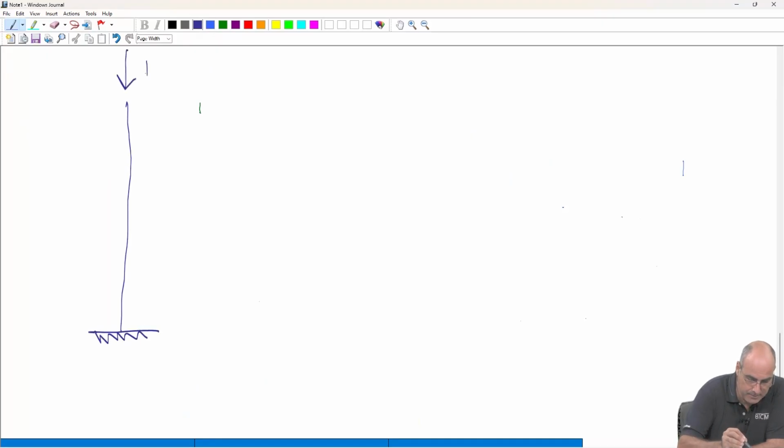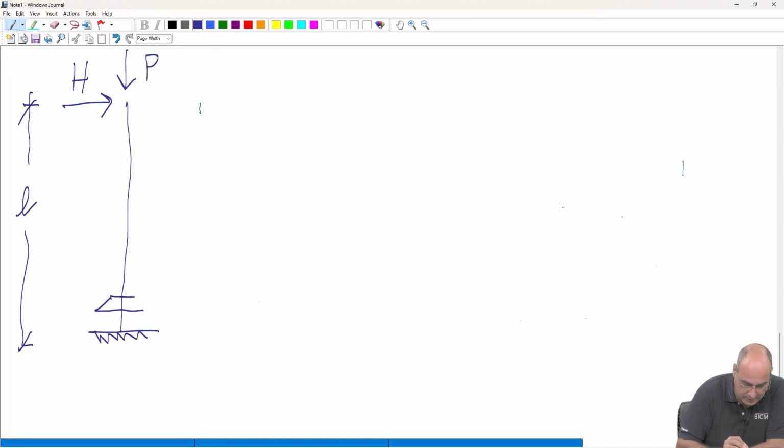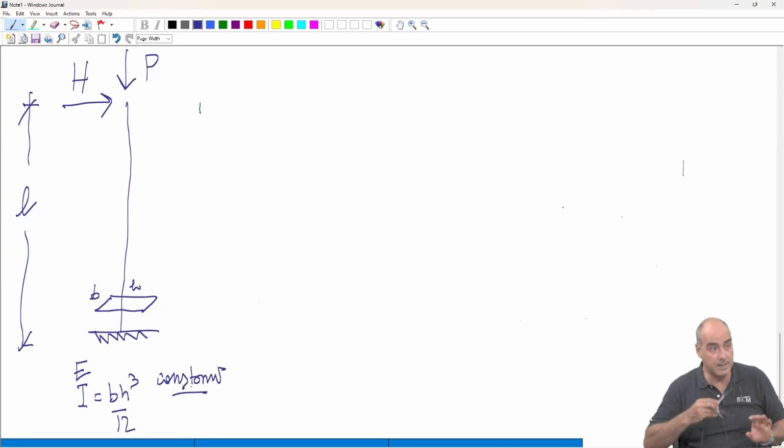This is P, this is H, this is L, and this column has a cross section here, BH, so that it has a certain Young modulus and a certain inertia. And we assume that this is constant, okay? So all throughout the column has the same cross section.